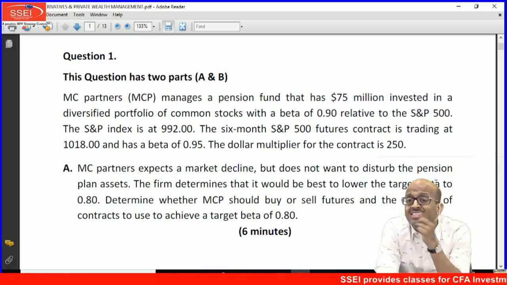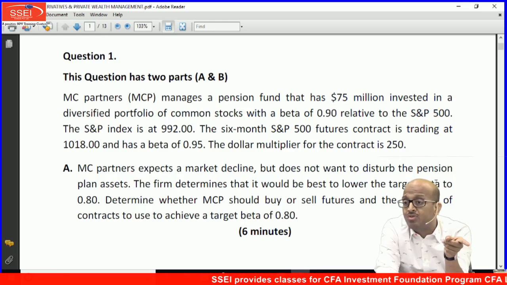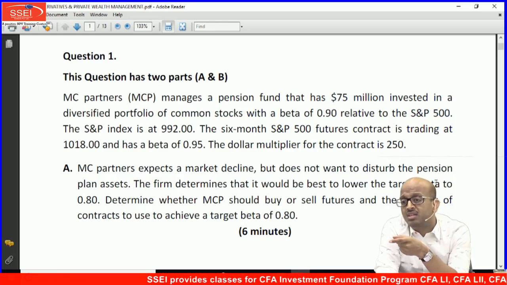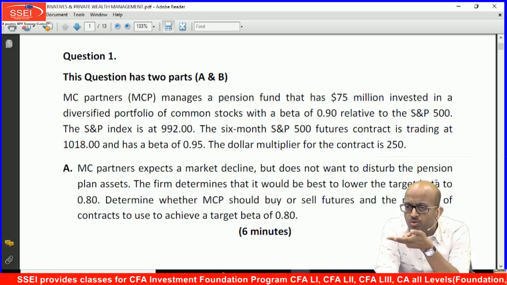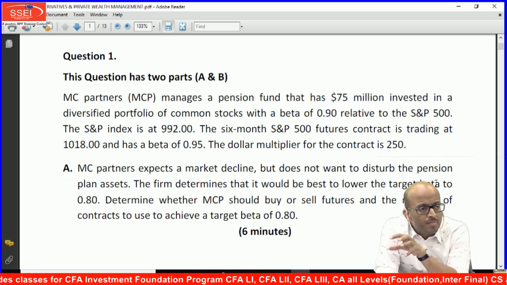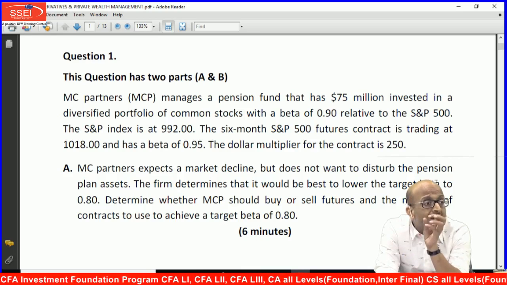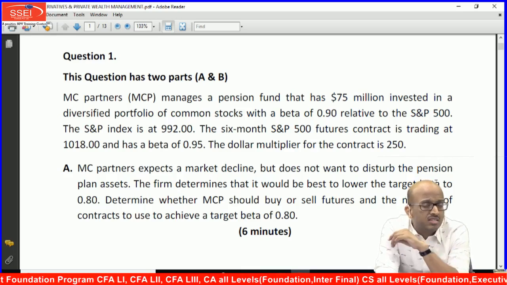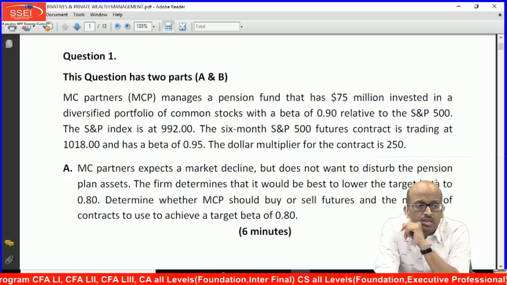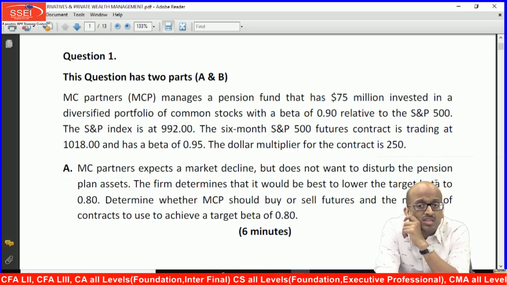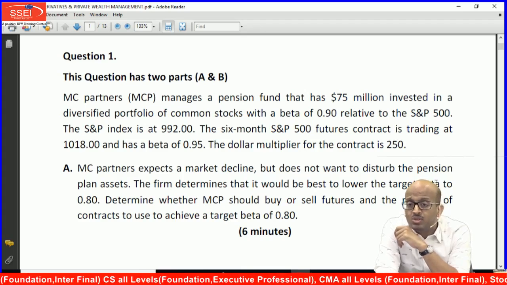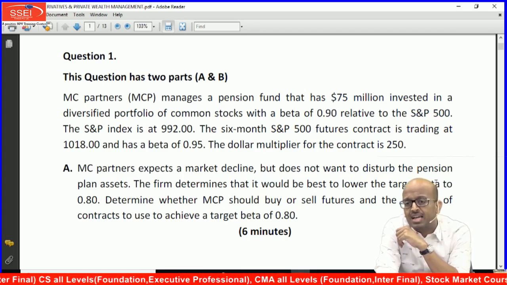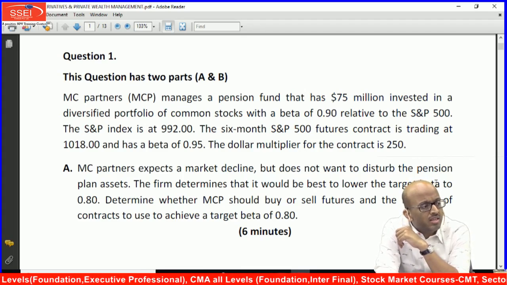But you require a position of 67.5 million. So the number of contracts required is 67.5 million divided by whatever you have calculated, which comes to 279 S&P futures contracts to sell.